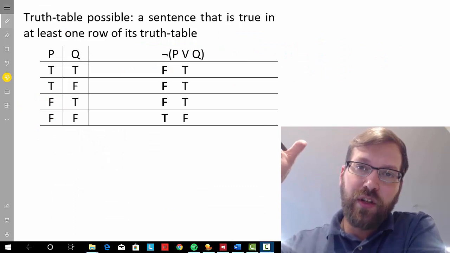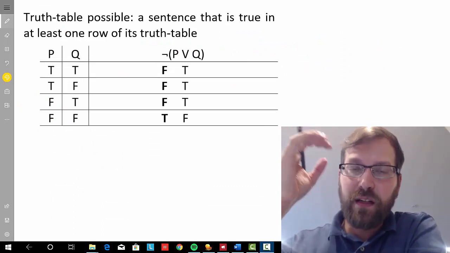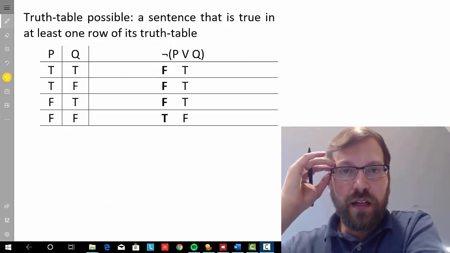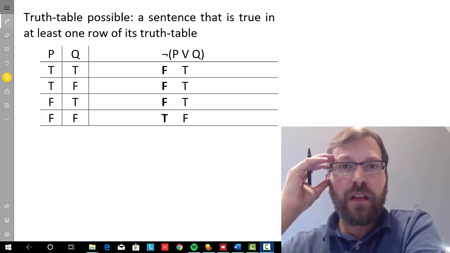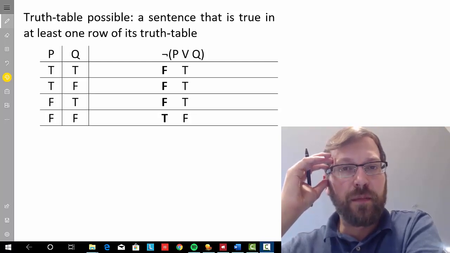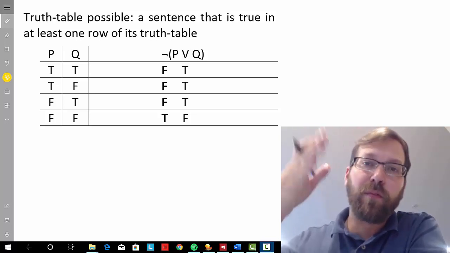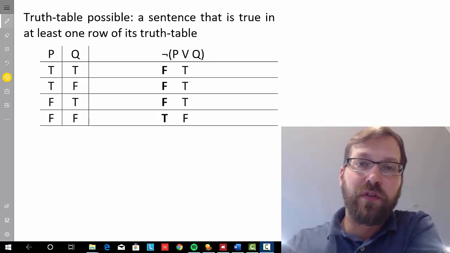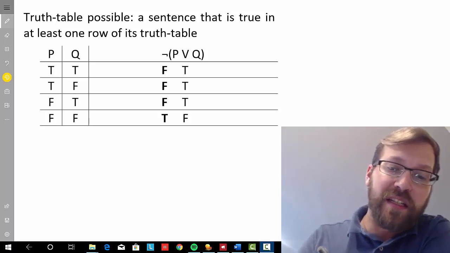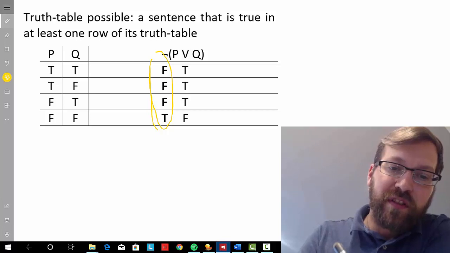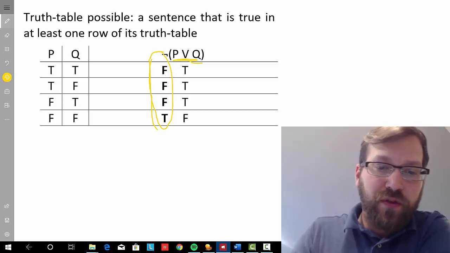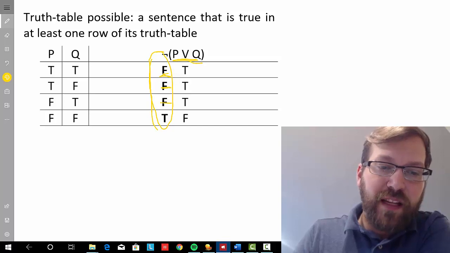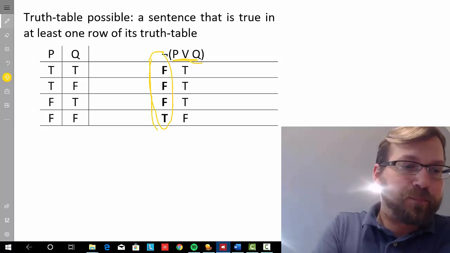All right, so tautologies are a subset of logical necessities, logical truths, and we can use truth tables to determine that, and a truth table will show that something's a tautology if the column of the main connective of the sentence we're doing the truth table on is nothing but T's. So if those were all T's, then this would be a tautology. Of course, they're not all T's, so it's not a tautology.